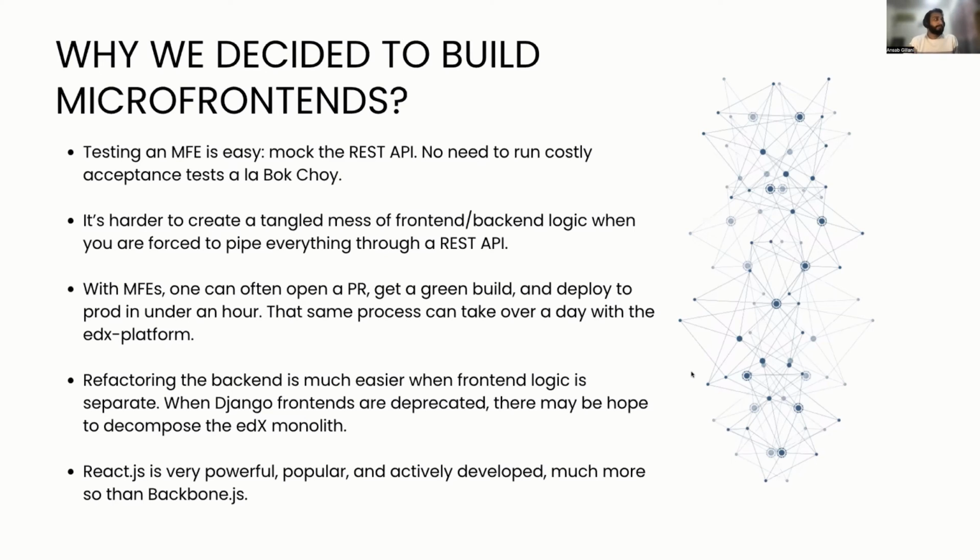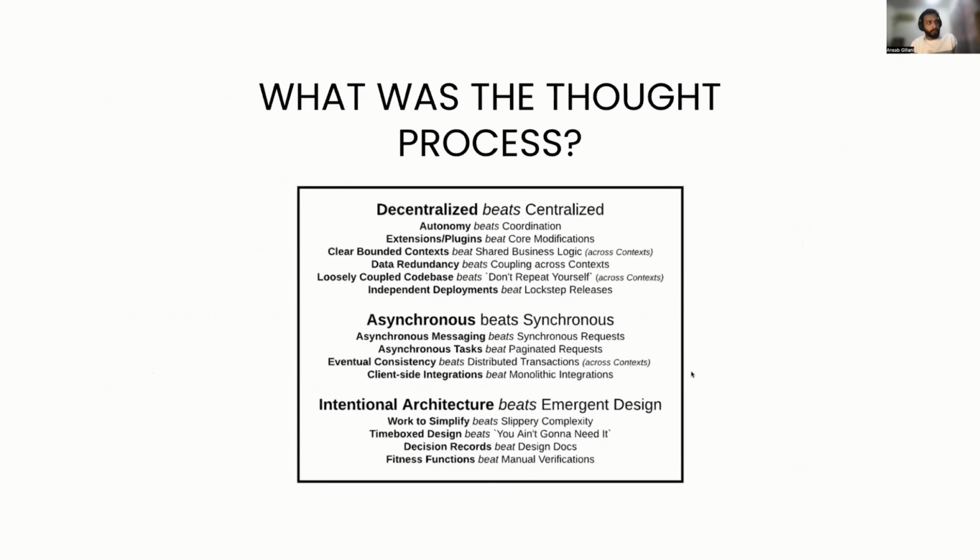And yeah, what was the thought process? We had this very big meeting back in 2017 where we sat down and started thinking about what we were going to do whenever we take the next step in the engineering part.